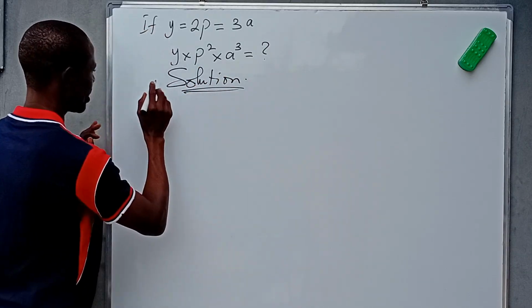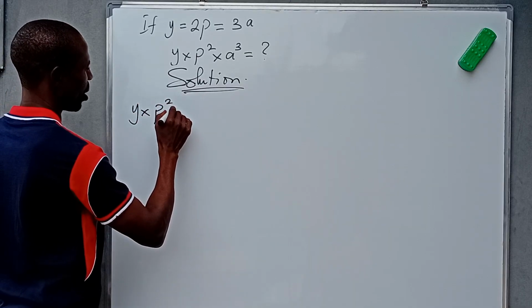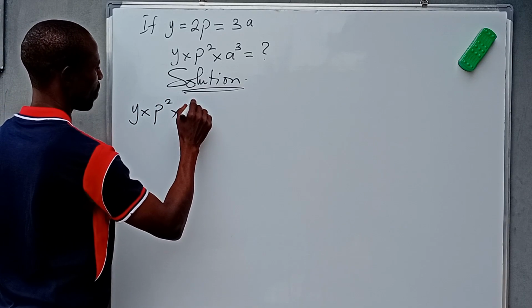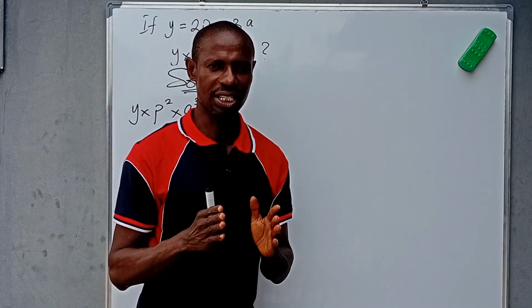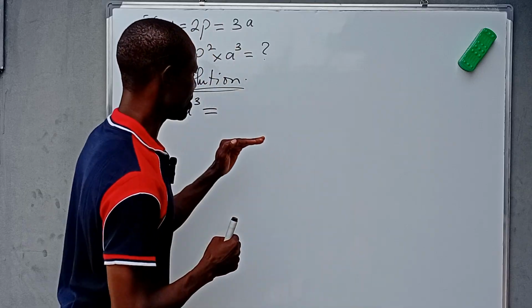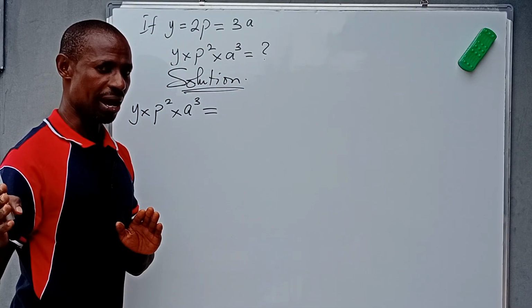Let's take the first expression. y times p to the power of 2 times a to the power of 3 will now be equal to what? The first thing I want to do is arrange them in order of increasing alphabet.